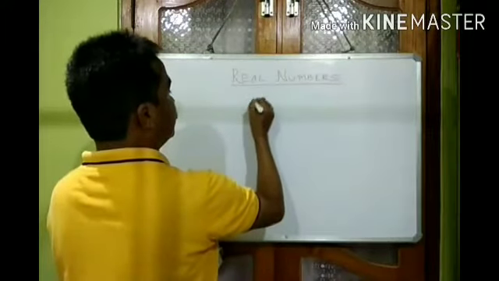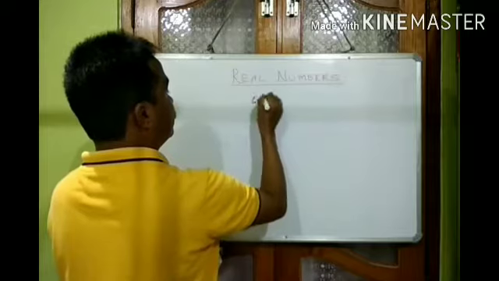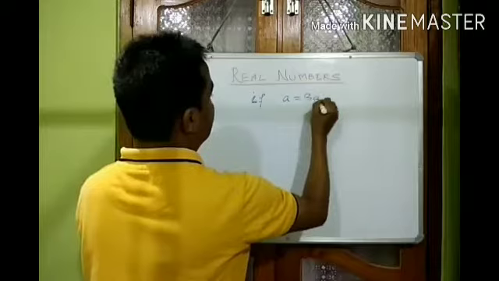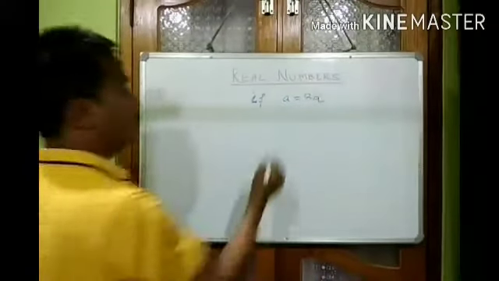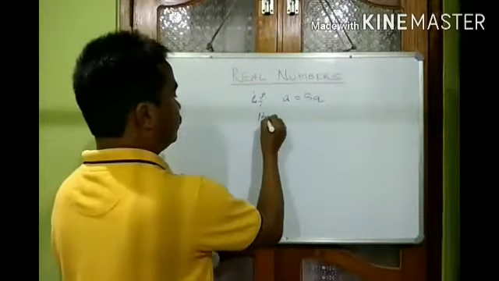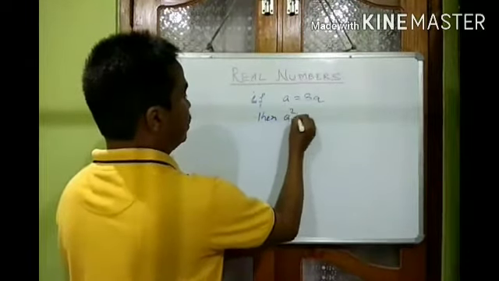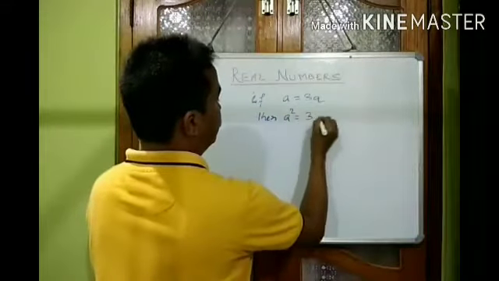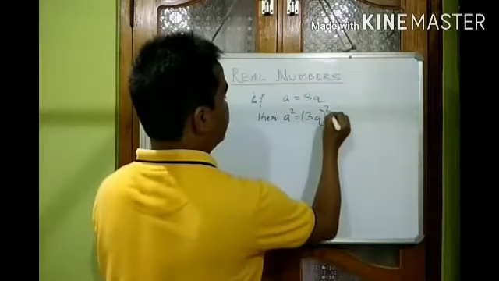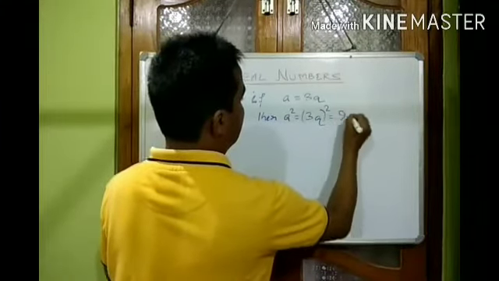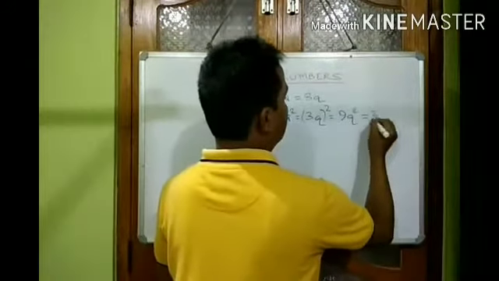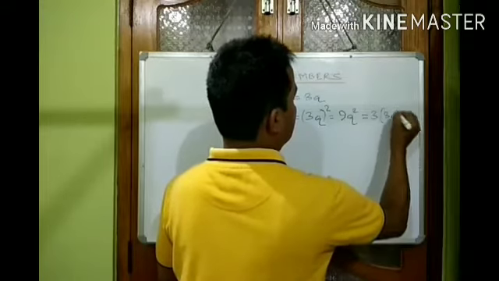Suppose a is equal to 3q. Then a square is equal to 3q whole square, which is equal to 9q square, which we can write as 3 into 3q square.